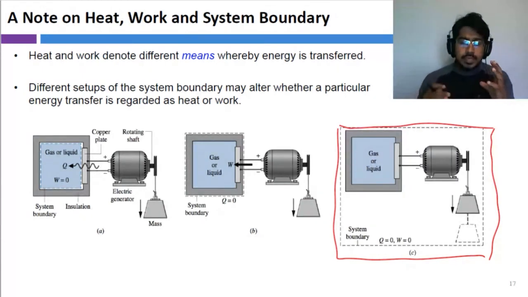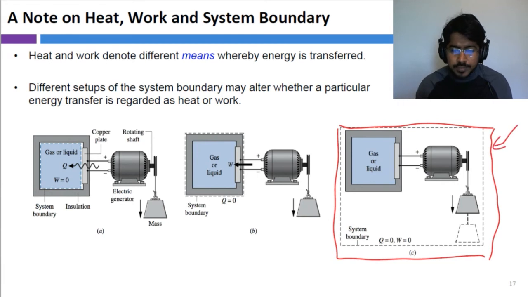If mass or energy can cross the boundary, then it's not isolated. Is this a closed system? Scenario C, I am referring to scenario C. Is this a closed system?